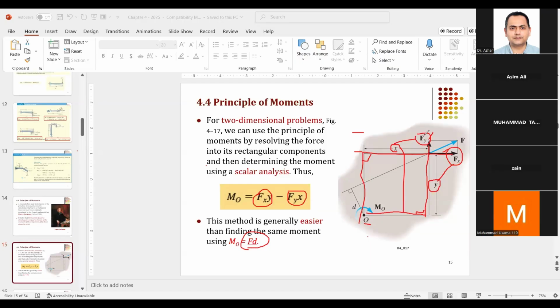You see here, I think here the author has used clockwise positive. Very strange, because it's the same book and I don't know why he changed the sign convention.